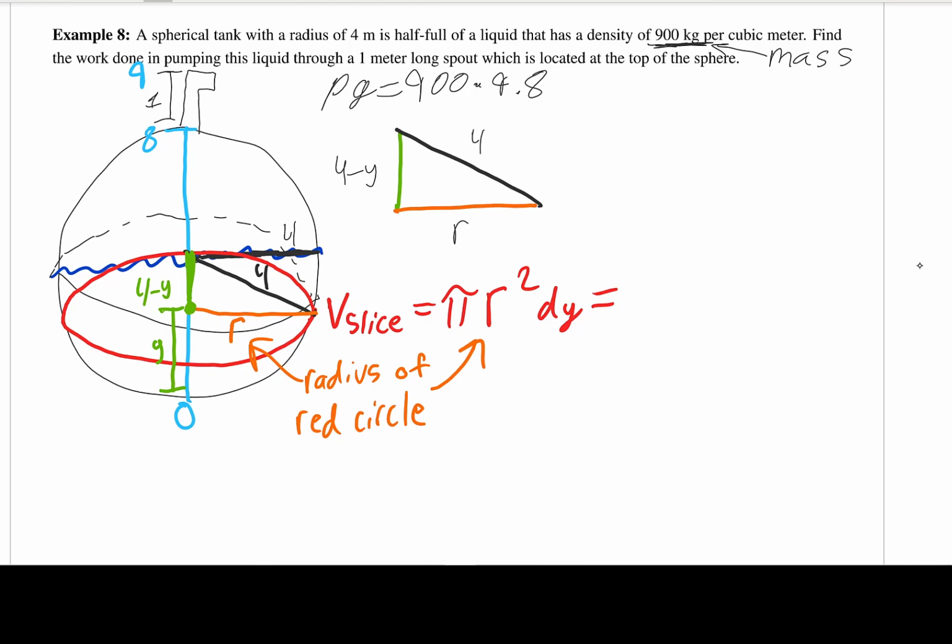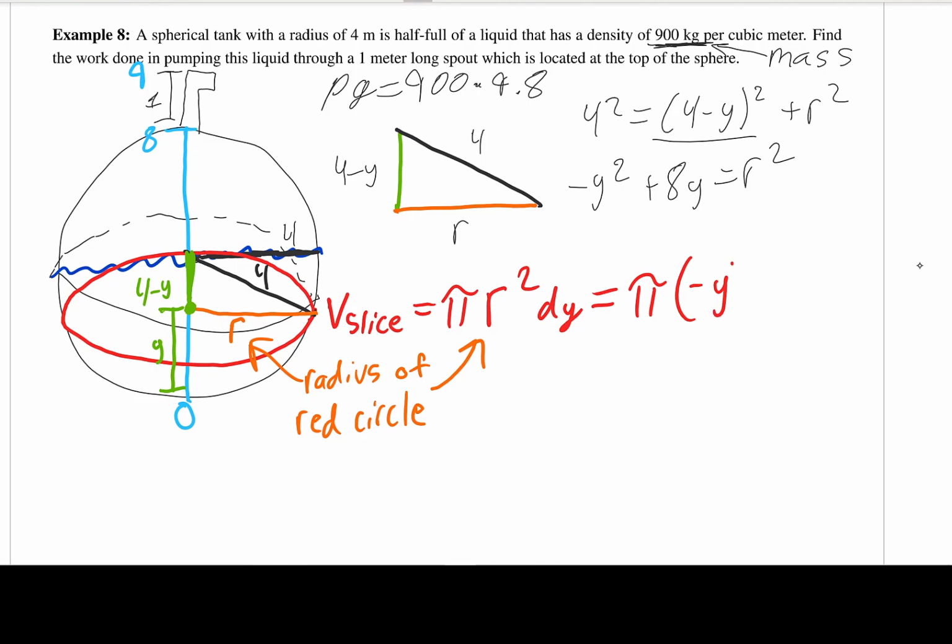So using the Pythagorean theorem, I can say that 4 squared is equal to (4 minus y) squared plus r squared, which tells me that negative y squared plus 8y is equal to r squared. We get that from FOILing this out and then moving it over to the left-hand side. So then that means that this is going to equal pi times (negative y squared plus 8y) dy.